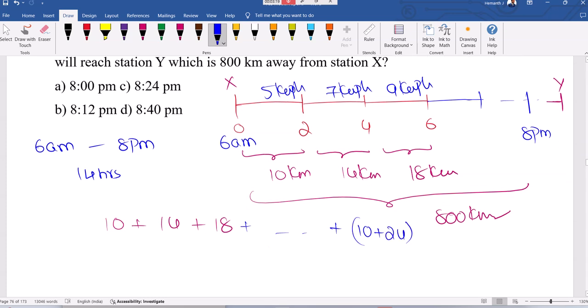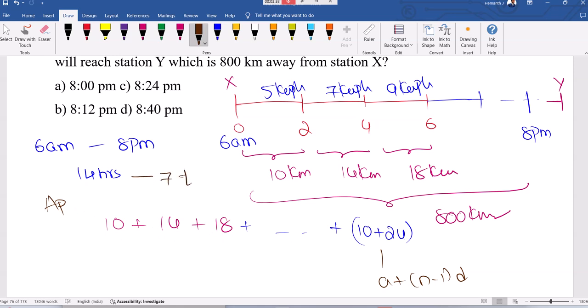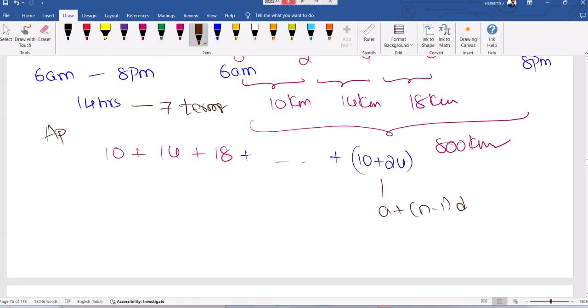Guys, 7 terms, 14 hours. See, every 2 hours, one term: 10 kilometers, 14, like that. This is a plus n minus 1 into d, arithmetic progression. A is the first term, difference is 4, right? So n value is 7 terms. Now, up to that, what is the distance covered? 10, 14, 18 up to 34.